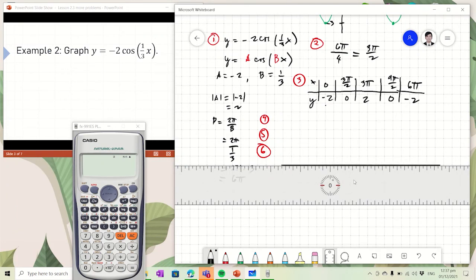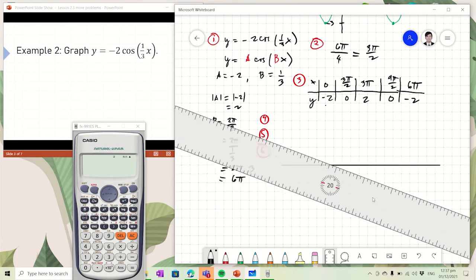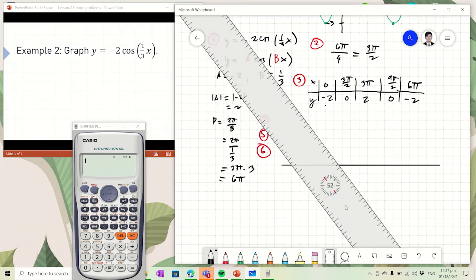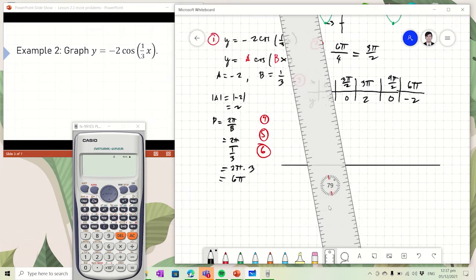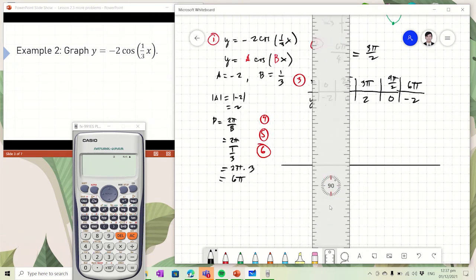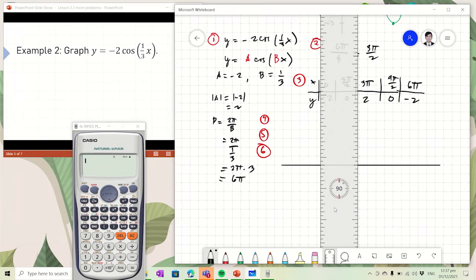Gawa tayo ng Cartesian plane. And then we just plot the ordered pairs that we got from step 3.